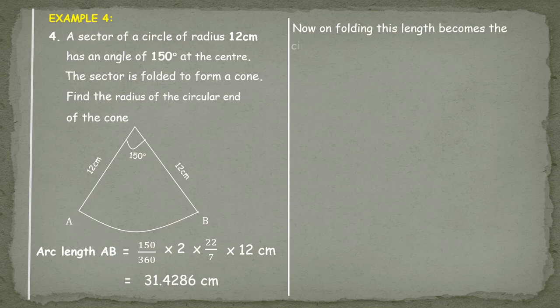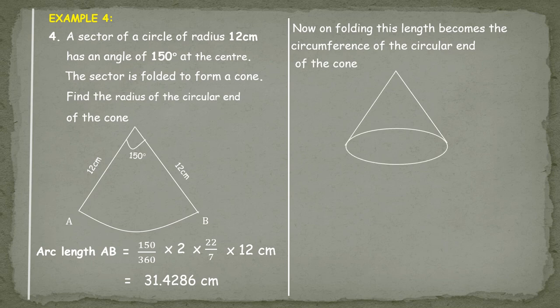Now as I said, when you fold, the arc length now becomes the circumference of the circular end of the cone. So when you sketch a cone, this circular end we are talking about, from this point along this path up to this point, the length here will now be equal to this arc length here.